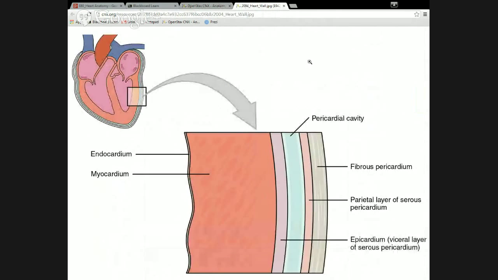But here we see a section of the wall of part of the heart, including the pericardium. The parietal layer is represented here by this kind of pink line, and the visceral layer is presented here. It's not quite the same color pink, but whatever. They're the same thing.